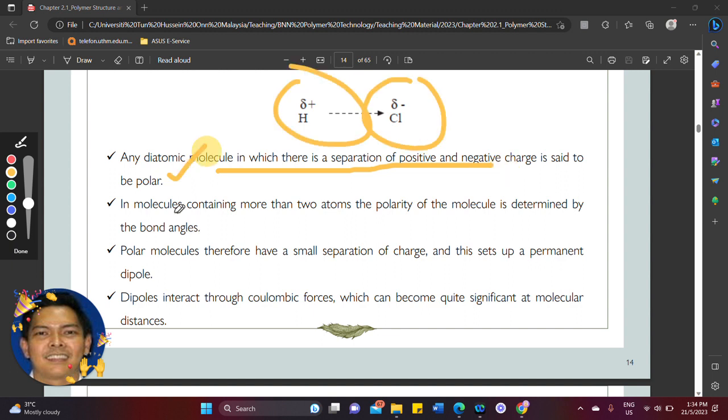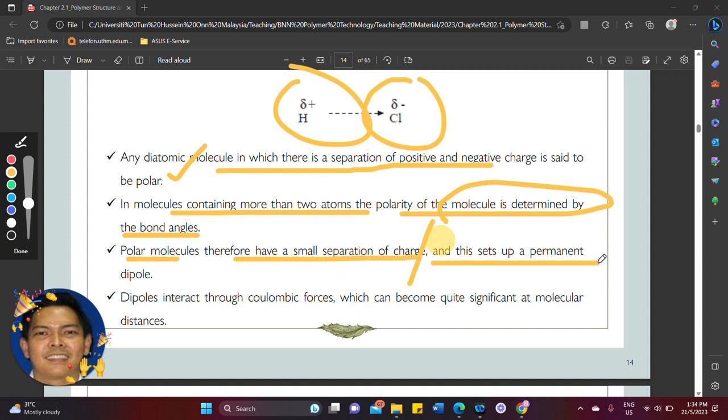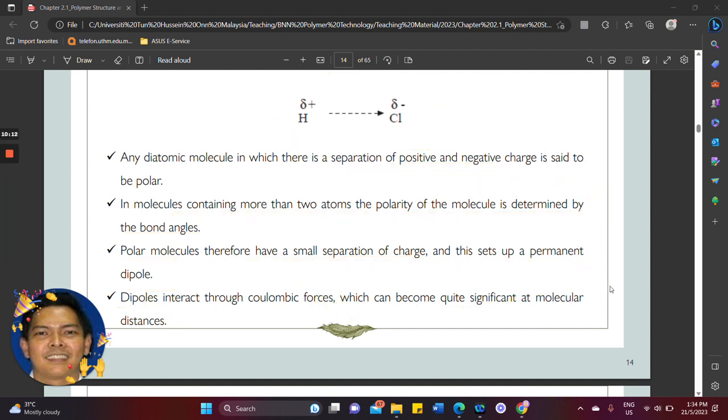In molecules containing more than two atoms, the polarity of the molecule is determined by the bond angle. A polar molecule therefore has a small separation of charge, and this sets up a permanent dipole. Dipoles interact through Coulombic forces, which become quite significant at molecular distances.